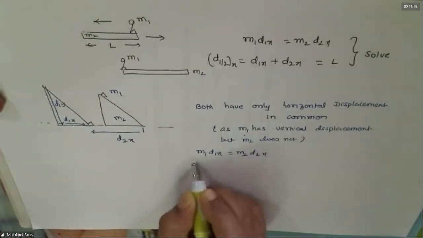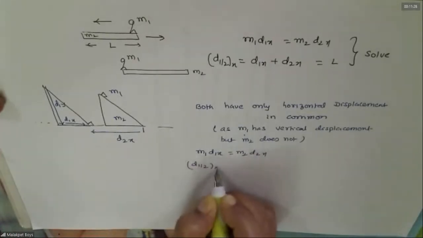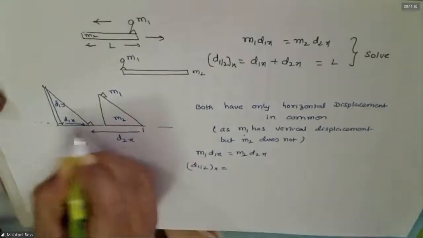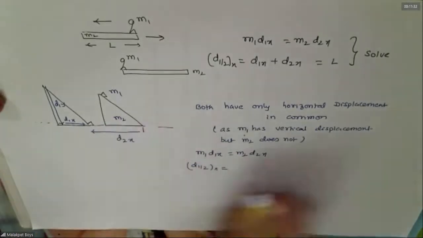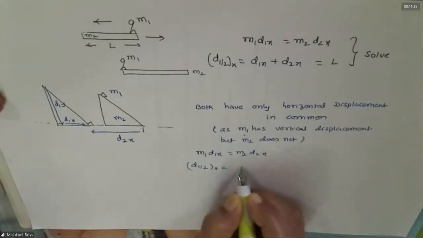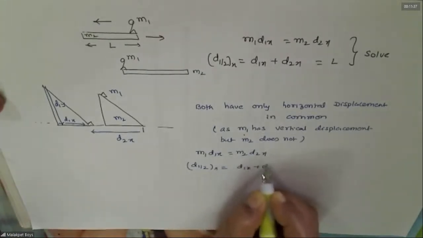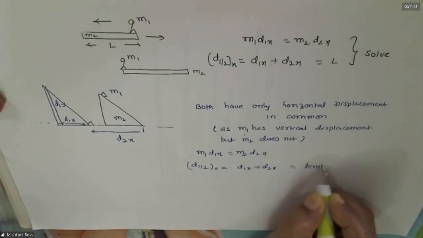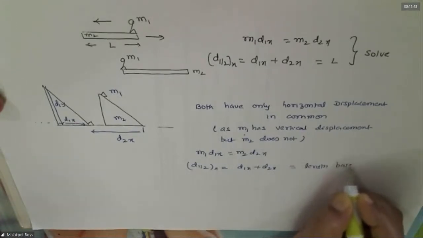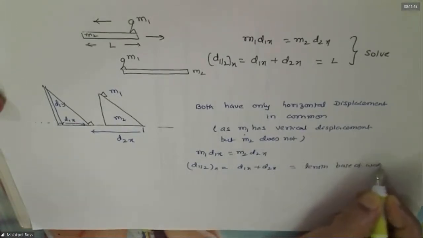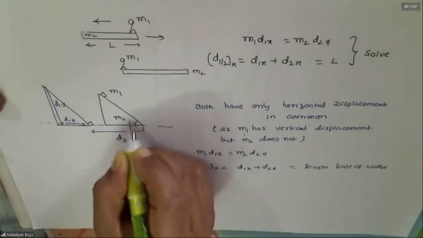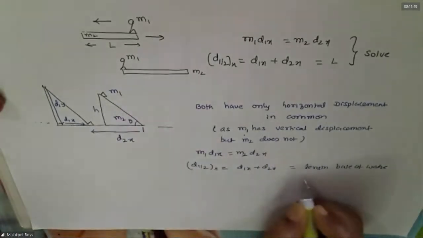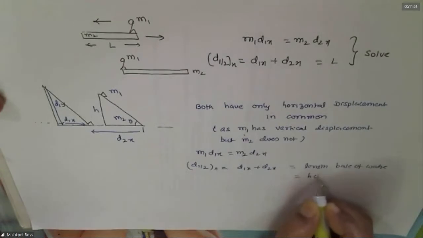And relative to the second one, this is the distance it has moved, d2x. In yesterday's problem, this is given, you got h cot theta, no?